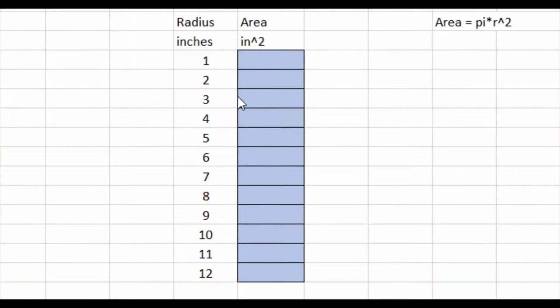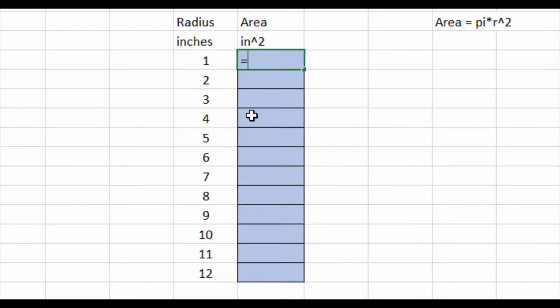So I pulled this little Excel file up, put in radiuses in inches, and the area will then be in square inches. And here's the formula for the area of a circle. And I'm just going to go ahead and find the area based on the radius, and then see if the radius doubles, does the area double? And that would make it proportional.